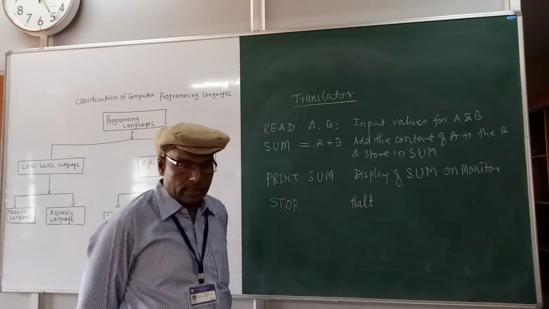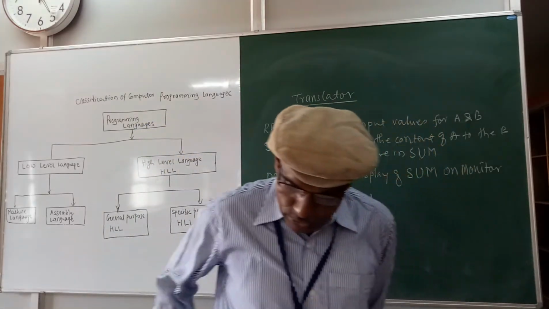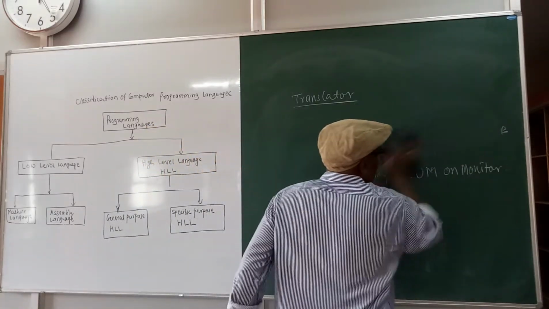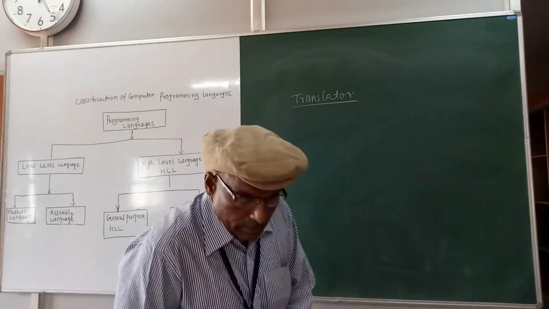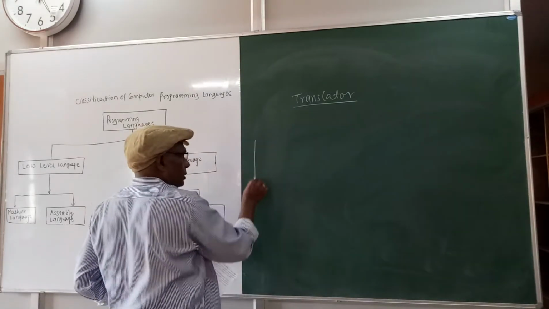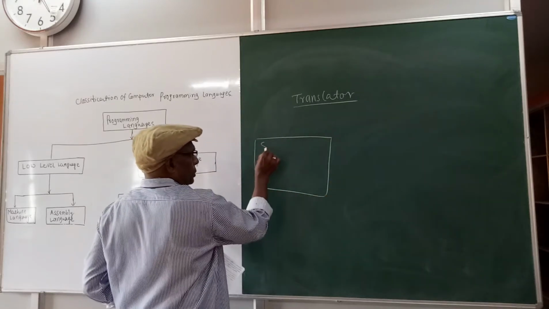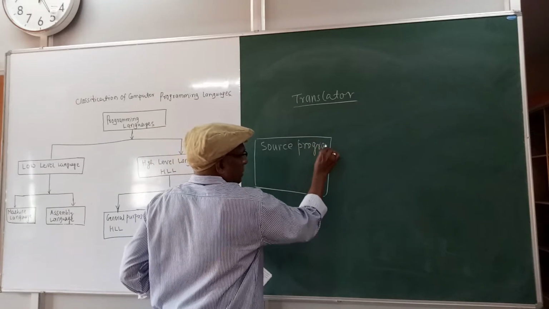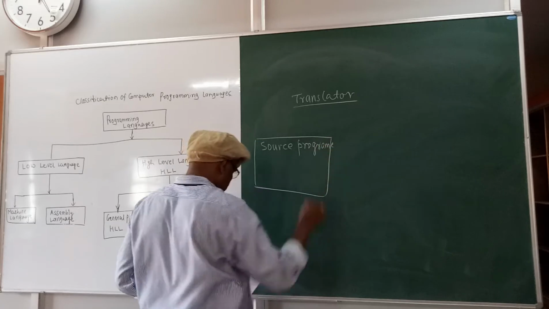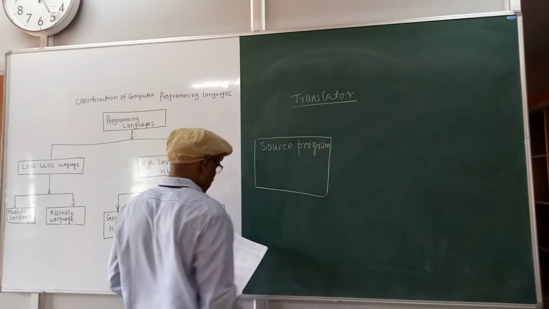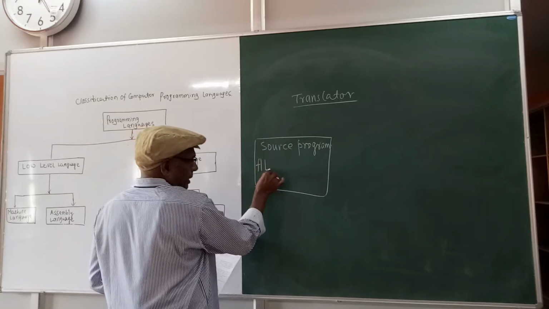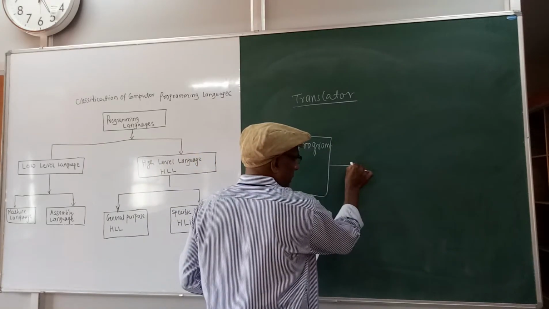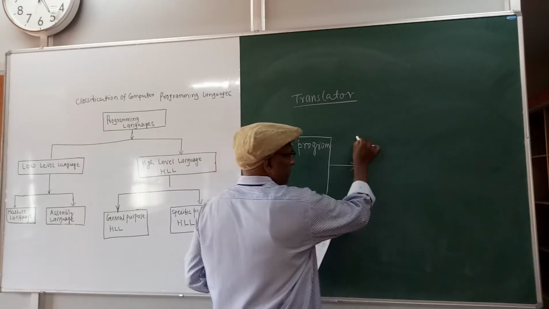We need a translator. We'll draw a block diagram like in assembly language. I'll write here the source program, the source program of HLL, high level language. We need here a translator.